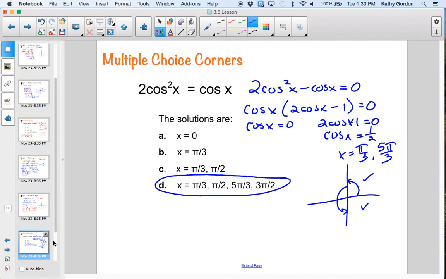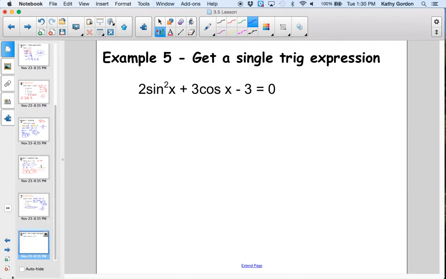Okay, I don't want to go through the whole thing, but just one more quick example. What happens when I have something that kind of looks quadratic, but yet my two trig functions are different? So I can't really use quadratic on it. What I need to do is go back to the identities.